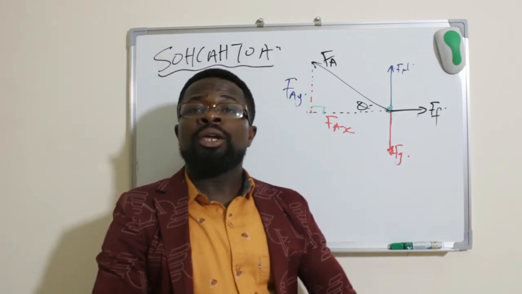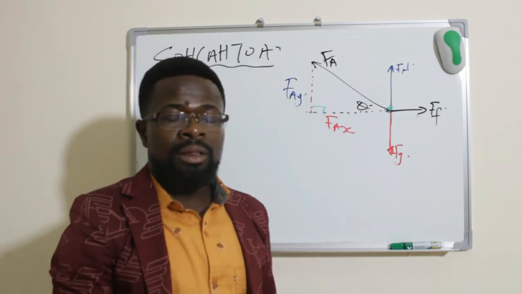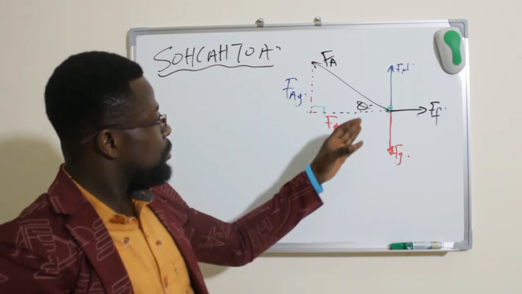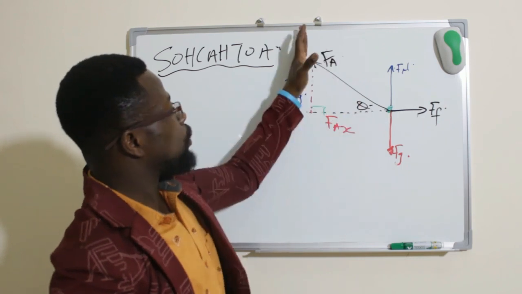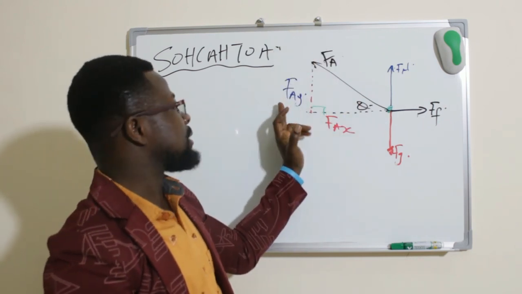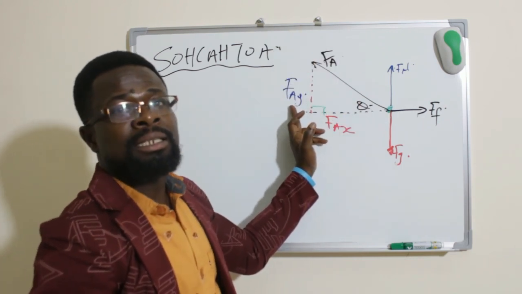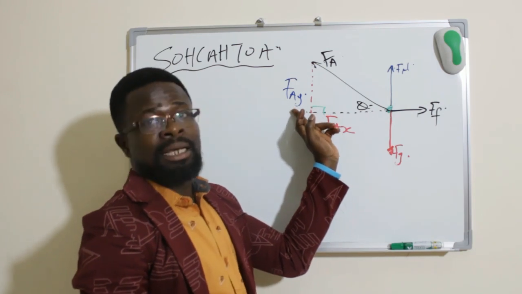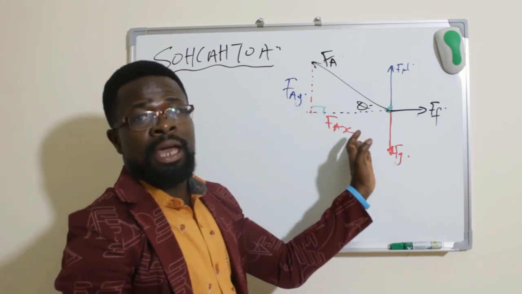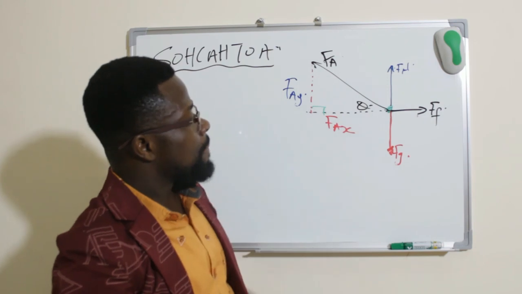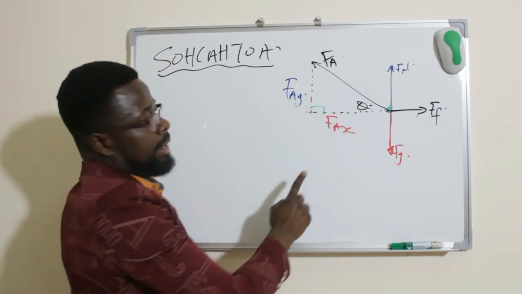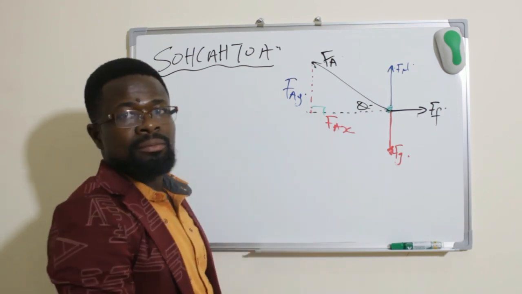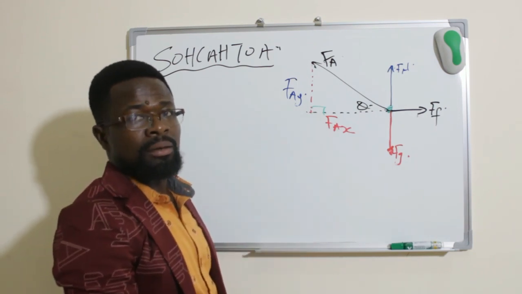So we look at where the angle is. The side which is opposite is the FAY. The side which is adjacent is the FAX. So I need to find FAY and FAX, and then we can do the calculations from there.